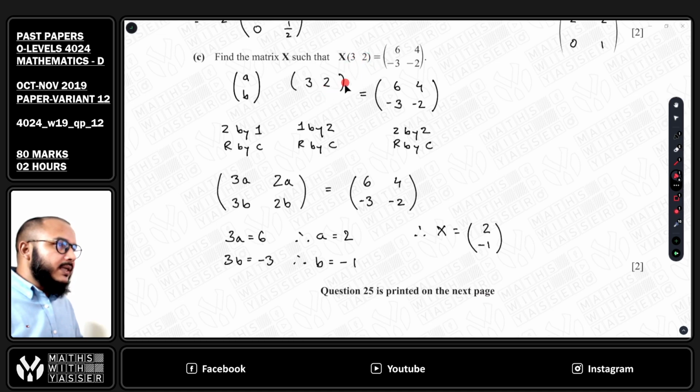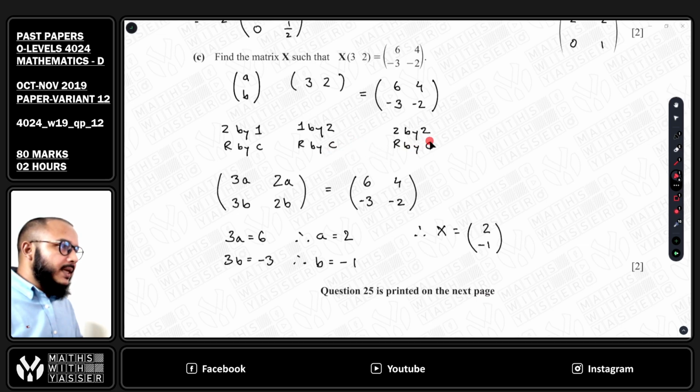This matrix is given by 1 by 2. So we have one row and two columns. For this matrix, the dimensions are 2 by 2. There are 2 rows and 2 columns.